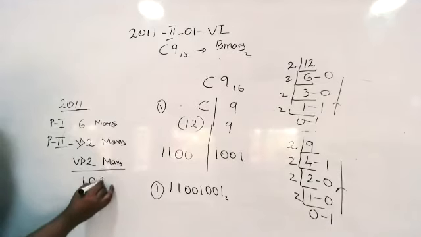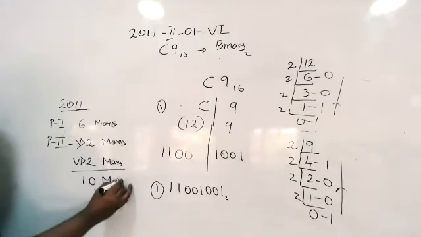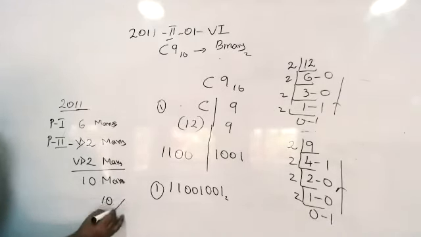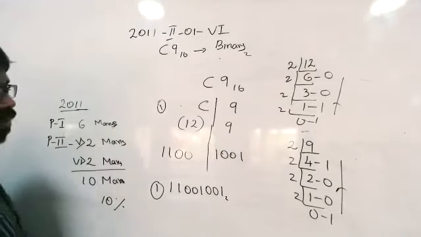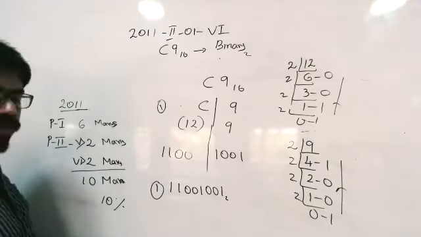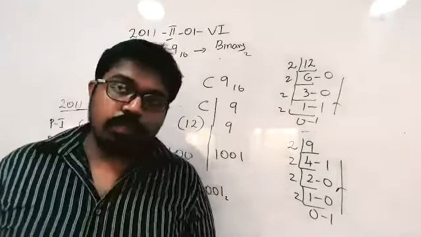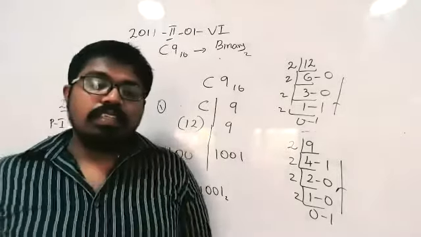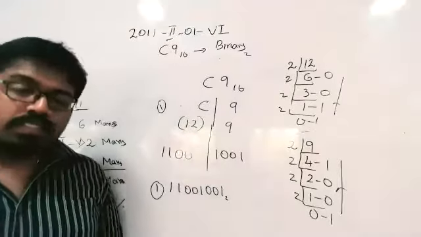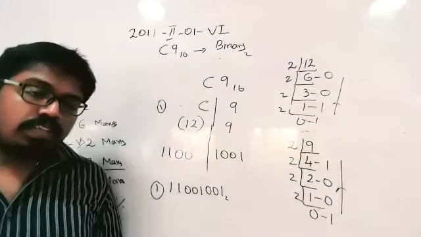Altogether 10 marks, which means 10%. Why? All are compulsory questions. So 10% of your final exam paper will have the number system or data representation, right?